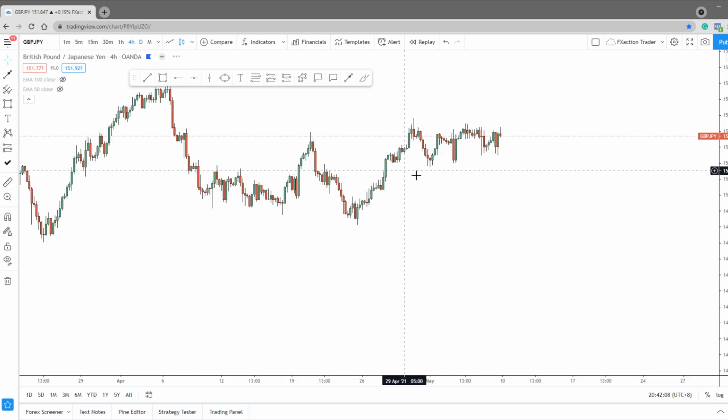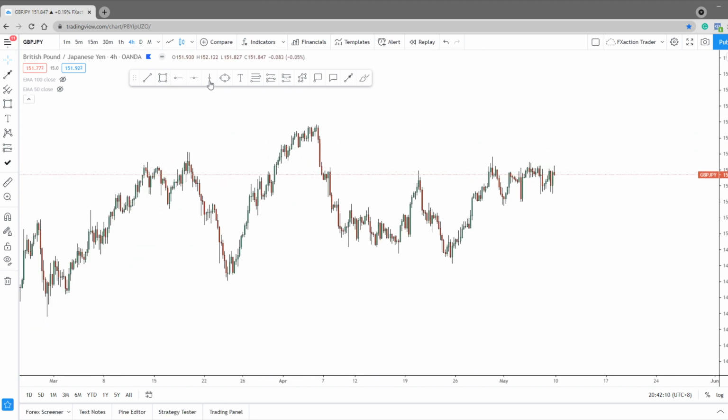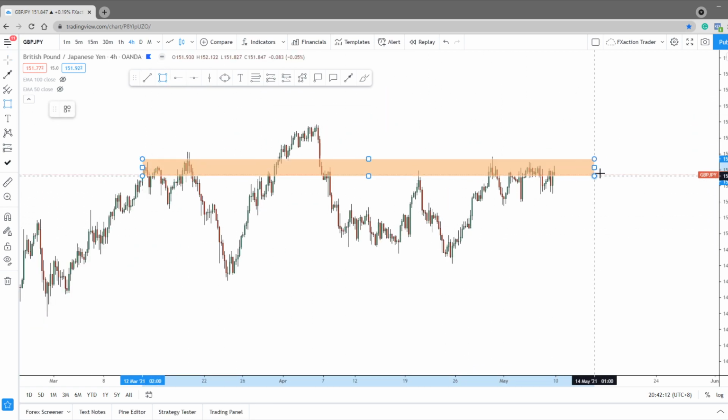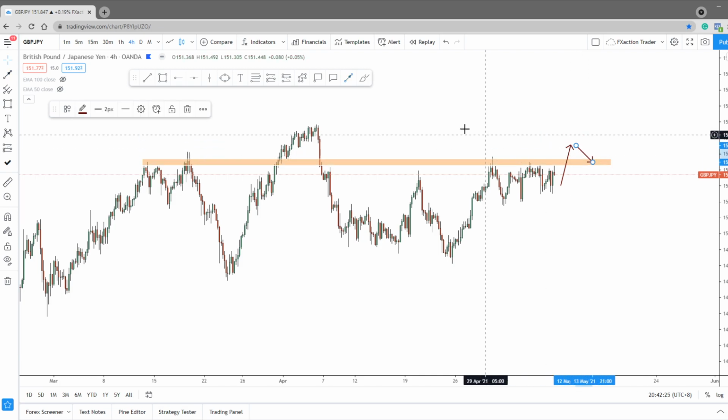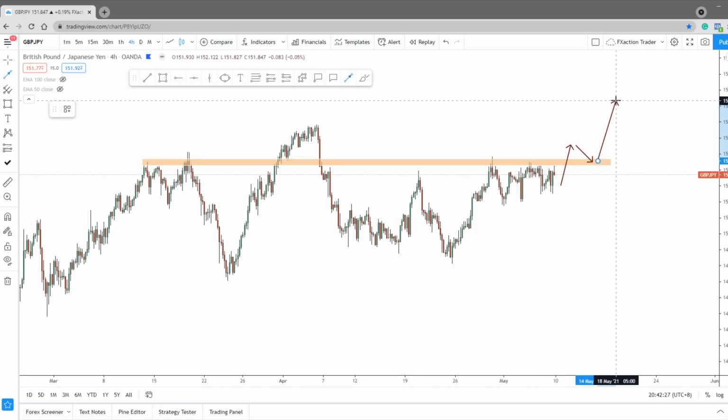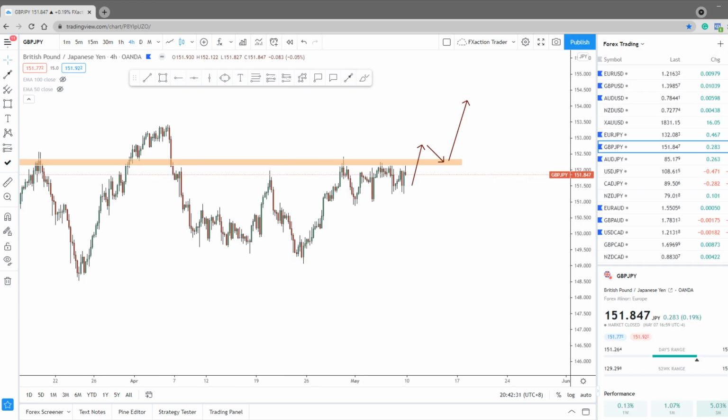On H4, we can see that the market is supported or resisted by this H4 key level. So when the market shows me a very clear break above 152.357, I'm going to go for a buy trade. So let us just monitor this pair, and I'm going to give you more updates on my Telegram channel.